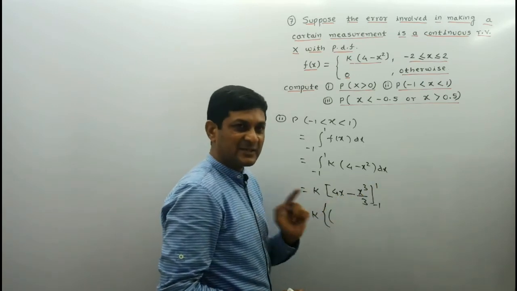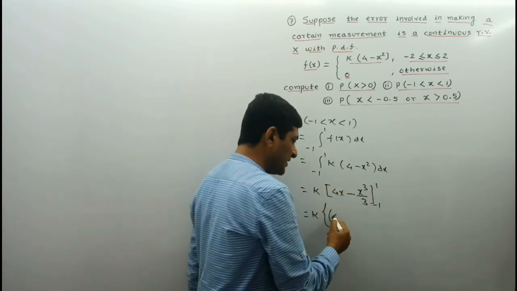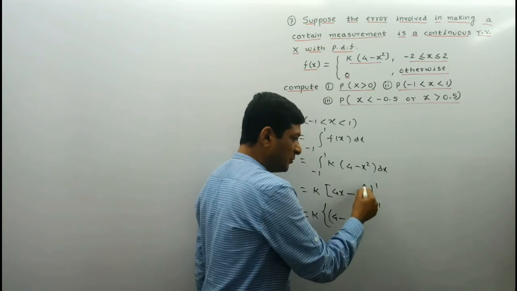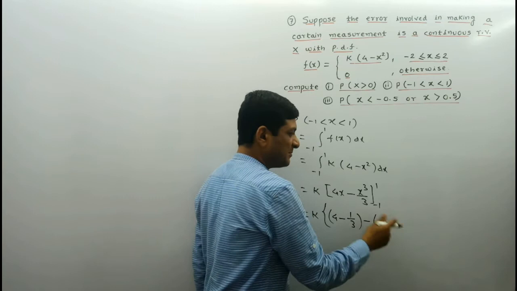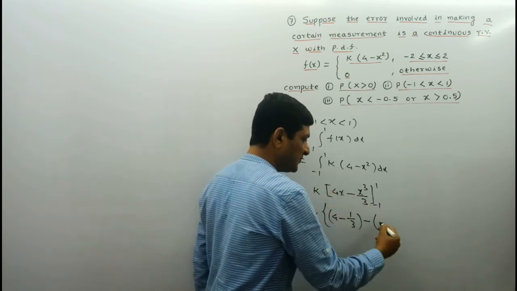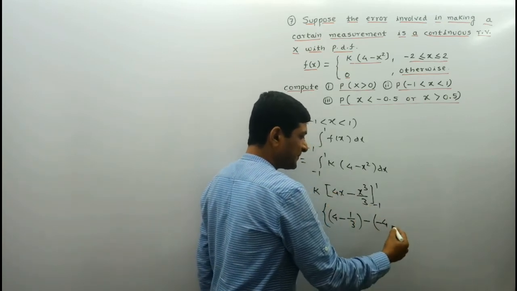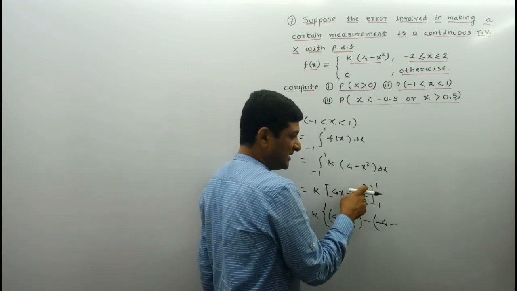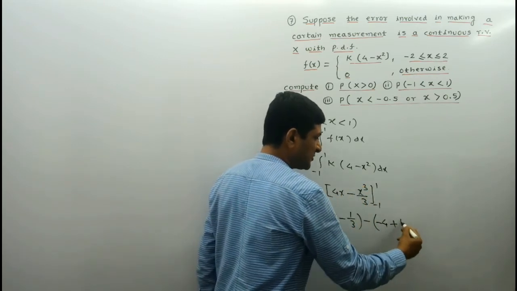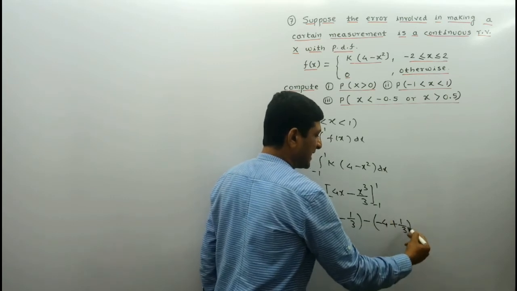If I am replacing x by 1 here 1 into 4 will be equal to 4, and here we will get cube of 1 is 1, means 1 by 3, minus, now I am replacing x by what? -1. -1 into 4 is -4, minus, replace x by -1, cube of -1 is -1, minus and minus will become +1, in the denominator 3, keep it as it is.